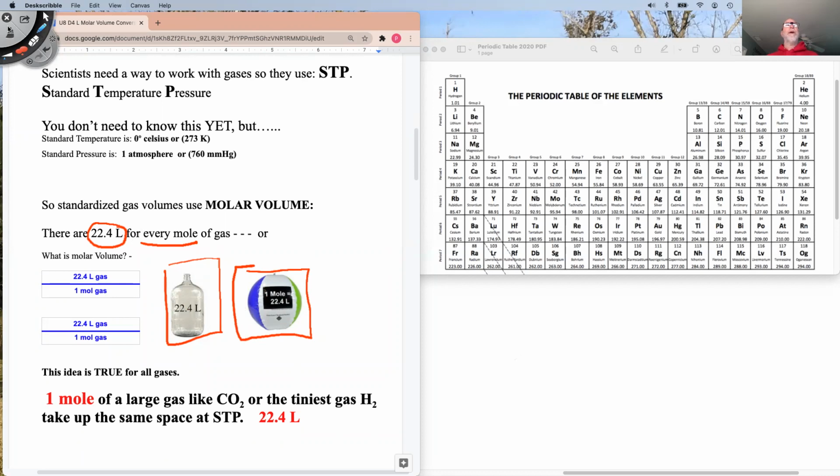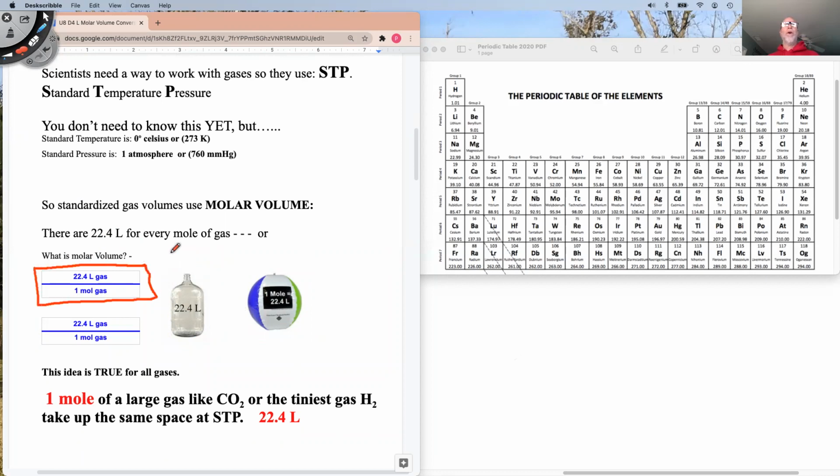So what is our ratio? Well, the ratio or the conversion factor that we're going to use to solve for volume is 22.4 liters for every 1 mole. And that would be 22.4 liters of a gas. This only works with gases. 22.4 liters of helium takes up this much space. 1 mole of nitrogen gas will be 22.4 liters at STP.